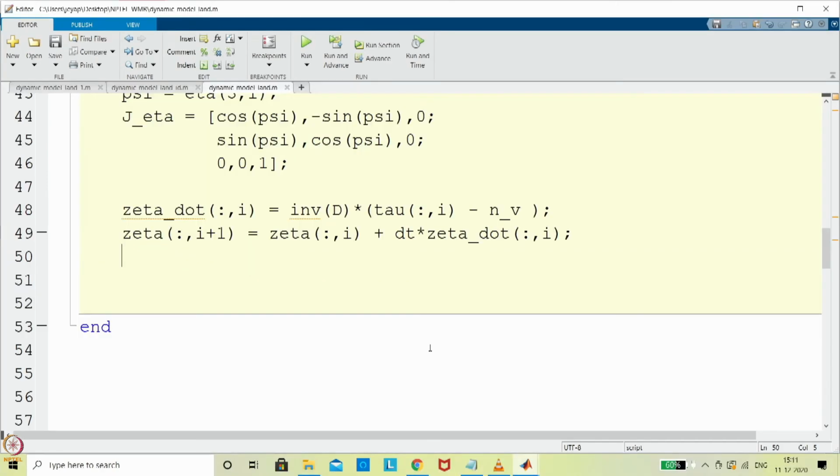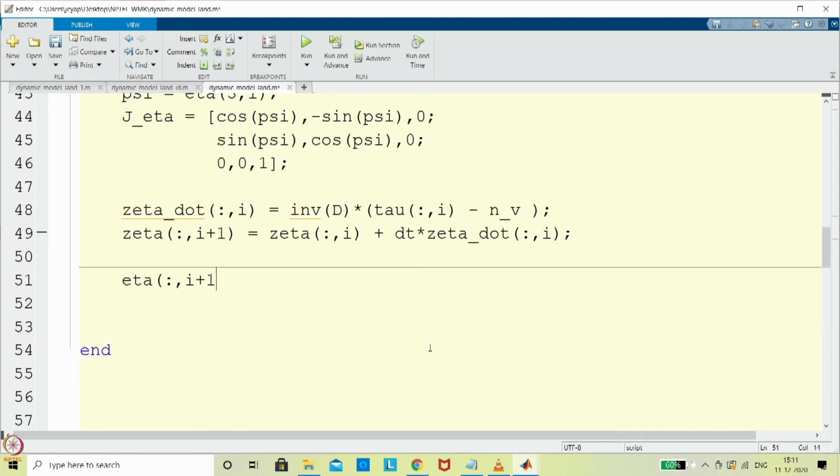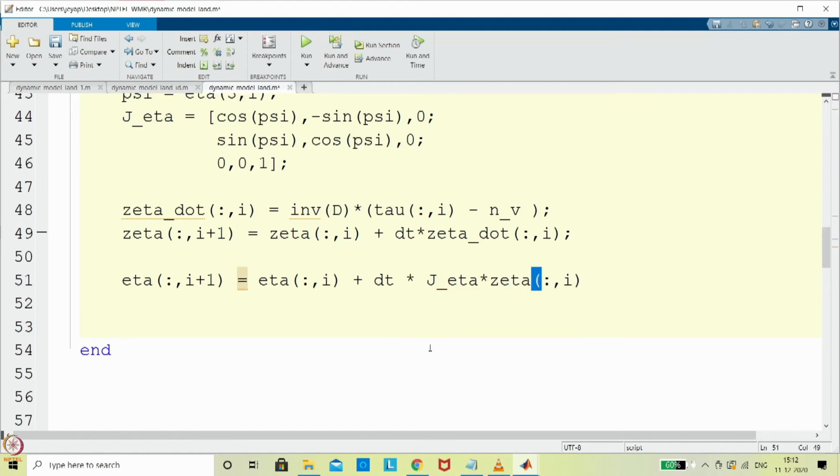So till now you can see this is only a velocity update, but this is a second order system, so we need to do a little more. We'll come back to the other state, which is eta. We are updating that eta with the help of eta dot. Usually, because we write eta dot in the zeta form, where J of eta is multiplied with zeta, that would be equivalent for a first order system.